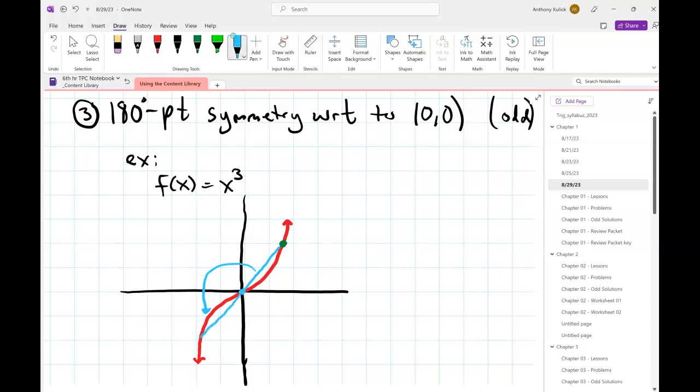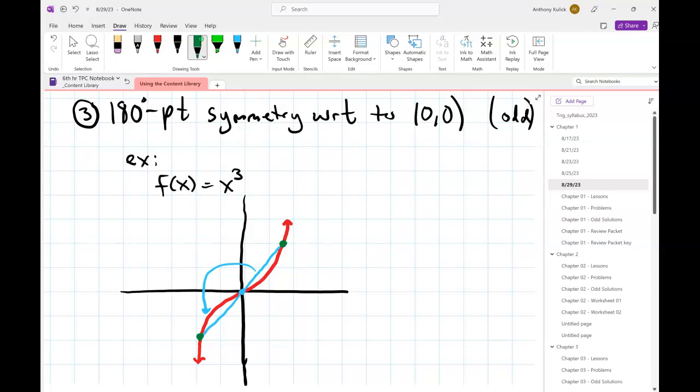You remember that from geometry? We end up with another point on our function. So that's why we call it 180-degree point symmetry with respect to the origin.